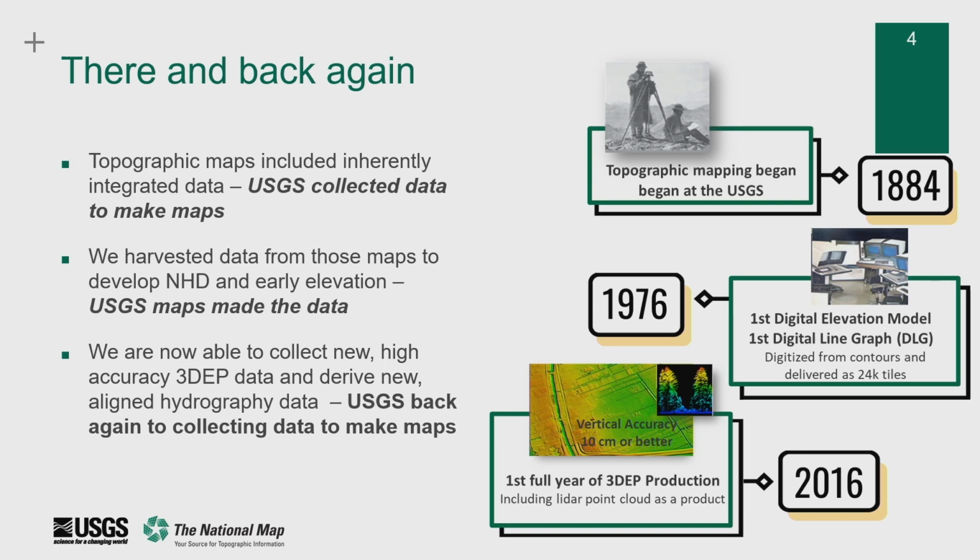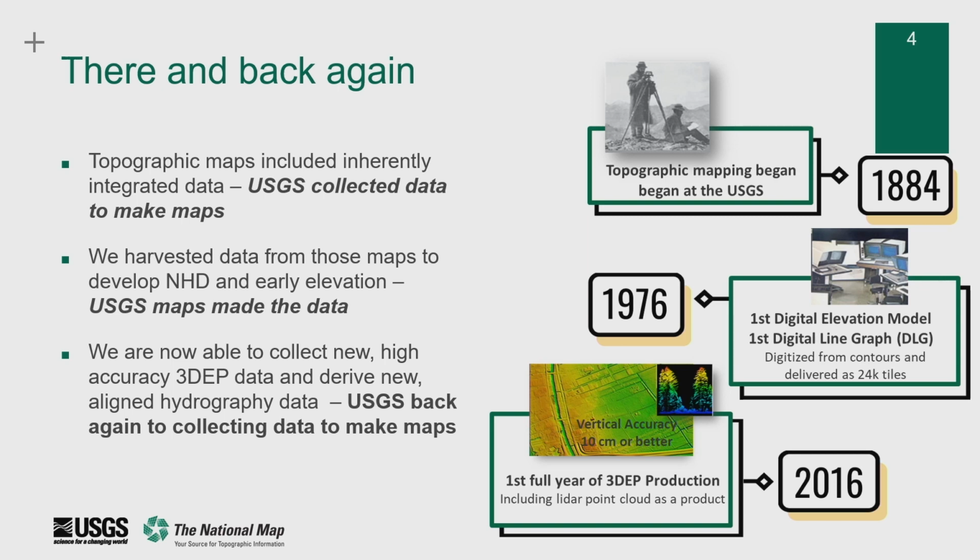In the 70s, that's when we started to do the digital elevation model, which is the DEM, the elevation from contours or from other sources, and the DLGs, which were the vector line work that made up roads and streams. And that's when things started to take their own paths. So now we're bringing them back together. We're integrating them in our new programs.